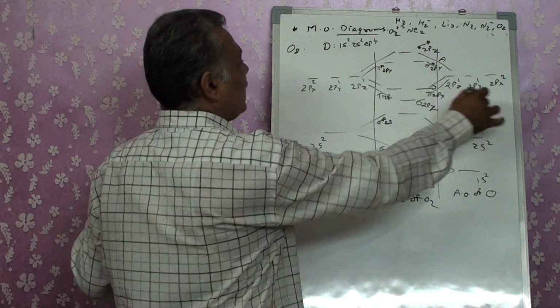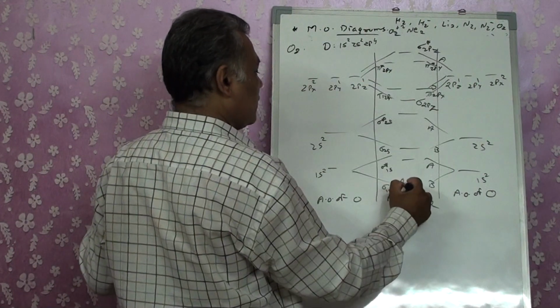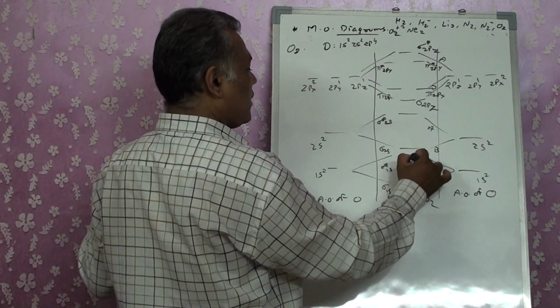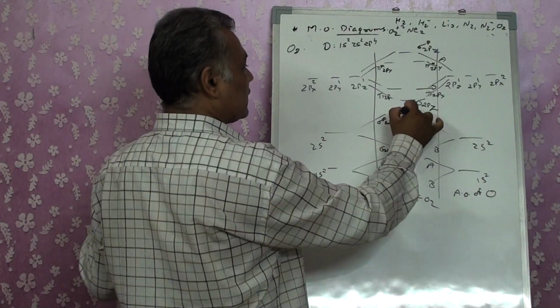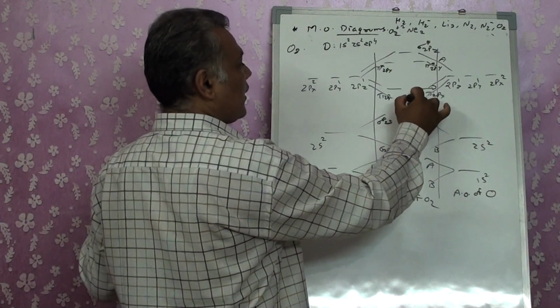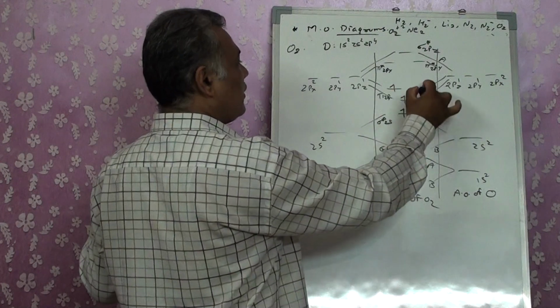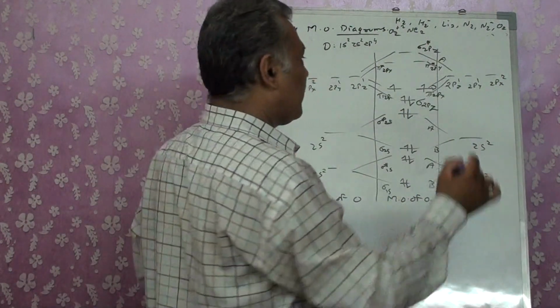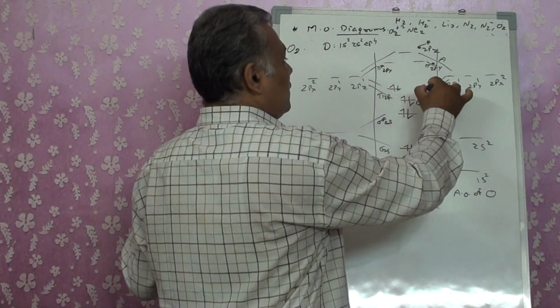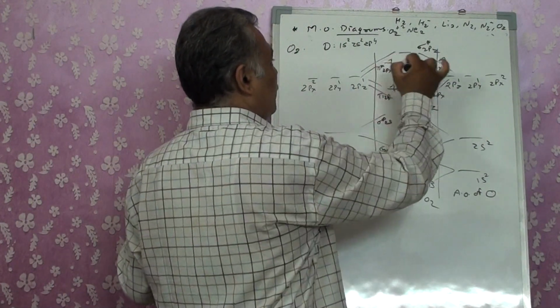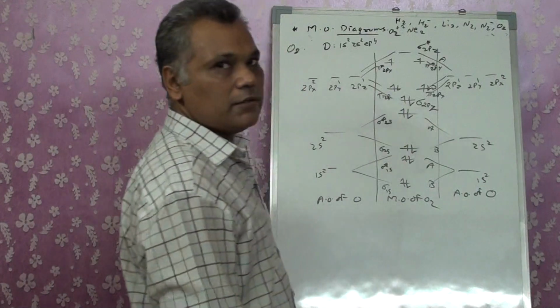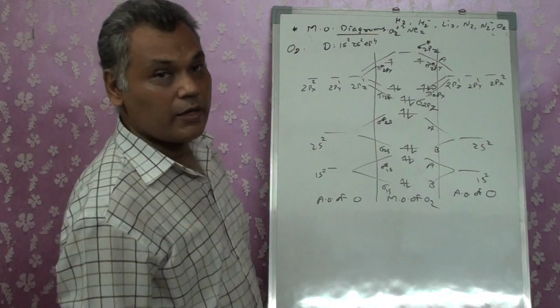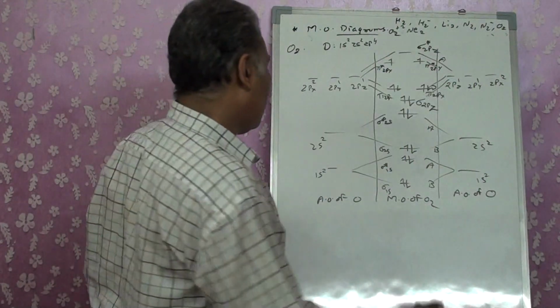I have 8 plus 8, 16 electrons: 1, 2, 3, 4, 5, 6, 7, 8, 9, 10, 11, 12, then the same energy level, 13, 14, 15, 16. Be careful: same energy, fill it separately.